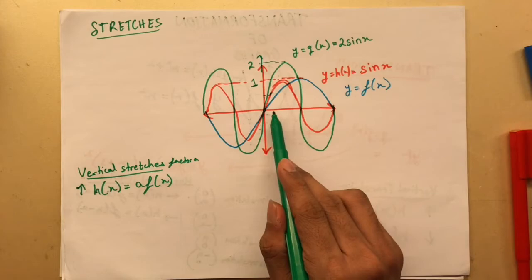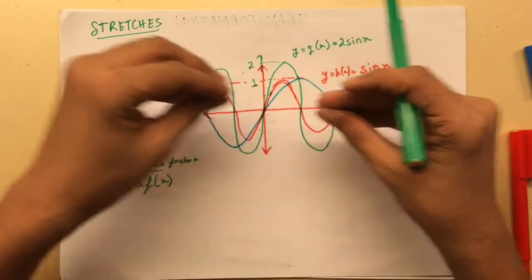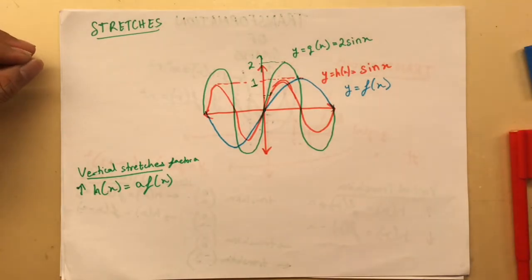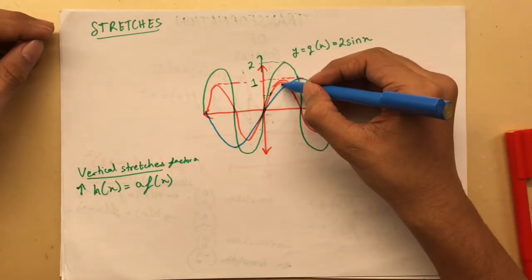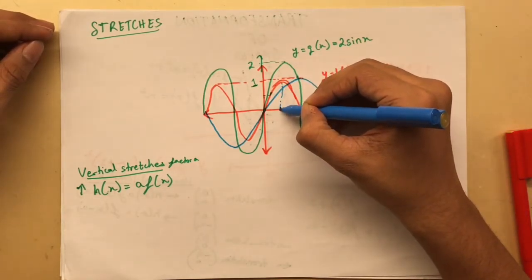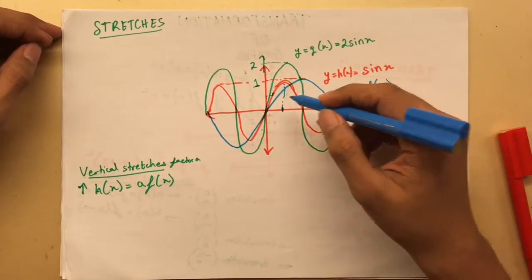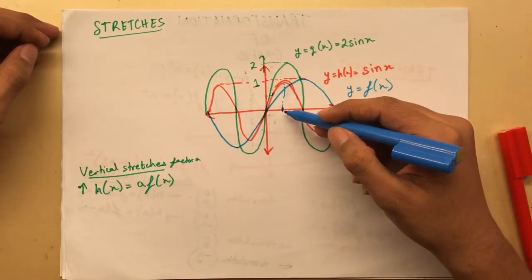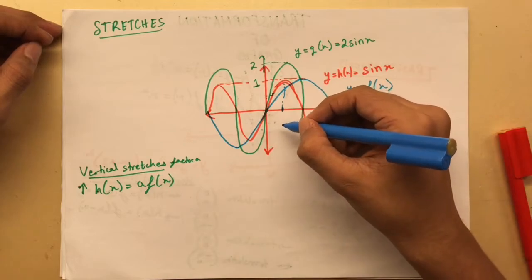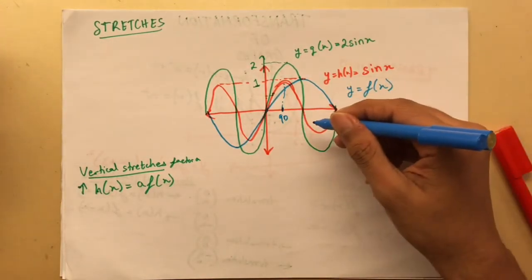And now in this case, we have elongated it in a way. And what we are doing is basically, for each of these input values, I have halved the input values. So let's say this input value is 90 degrees, as we know that sine of 90 degrees is 1.